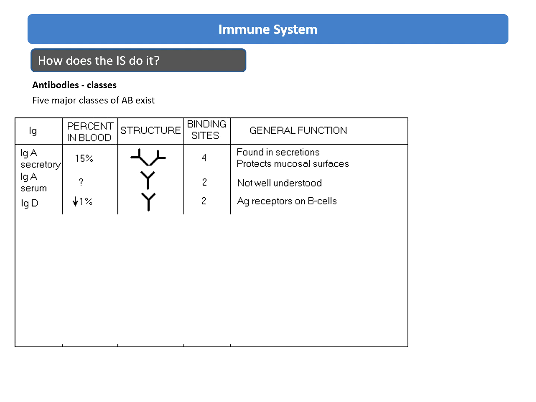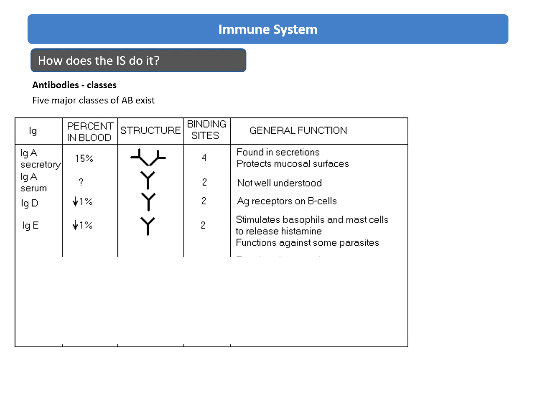Immunoglobulin D, not very common, less than 1%. It consists of a single Y-shaped molecule with 2 binding sites, and it serves as receptors on the B cells. Immunoglobulin E, likewise not very common, consists of a single Y-shaped structure with 2 binding sites. It stimulates basophils and mast cells to secrete histamine and other active substances. It also functions against certain parasites.